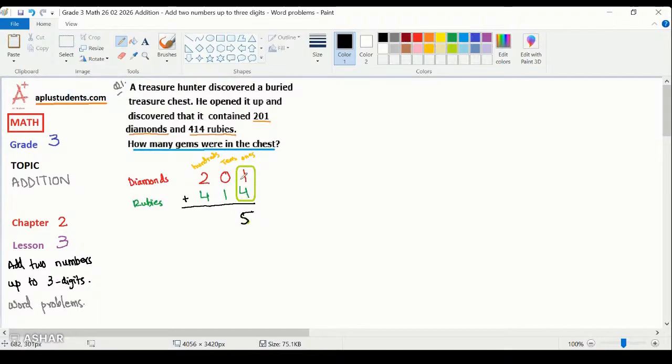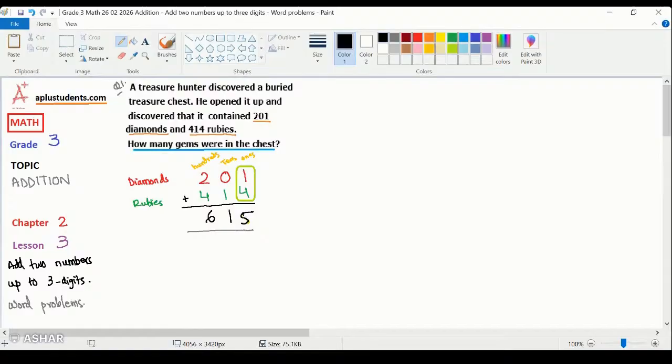Now we need to find the total number of gems. We add the ones. 1 plus 4 is 5. 0 plus 1 is 1. And 2 plus 4 is 6. Thank you, Sami. Perfect.